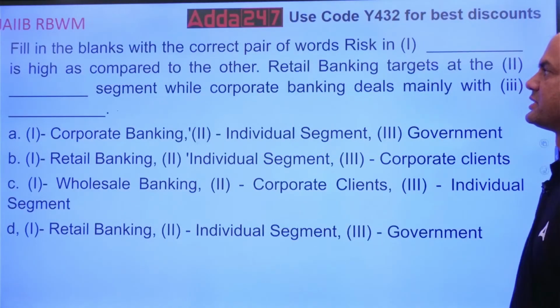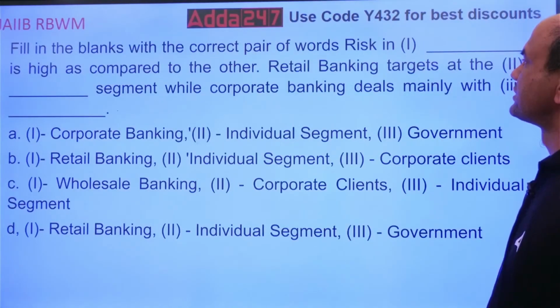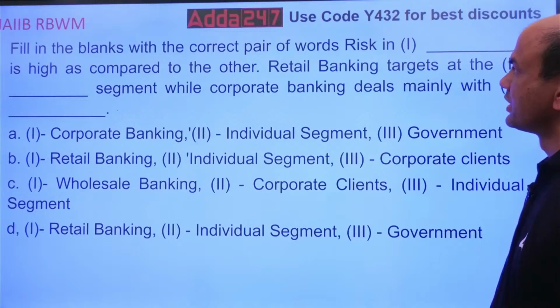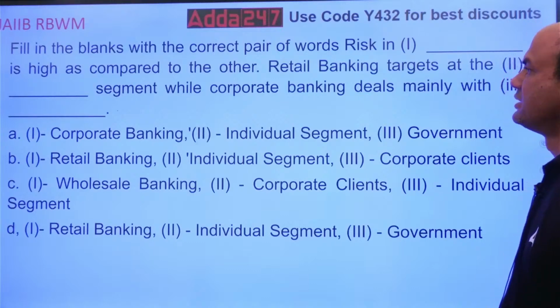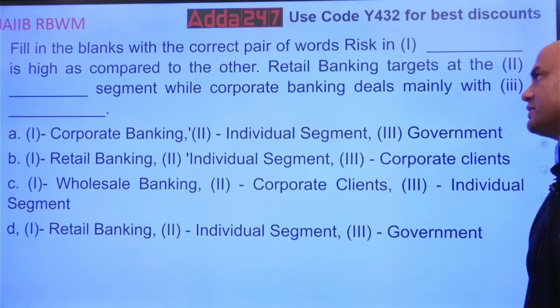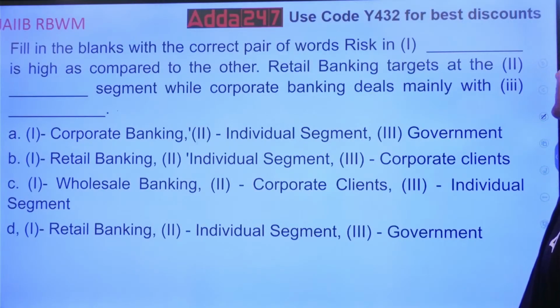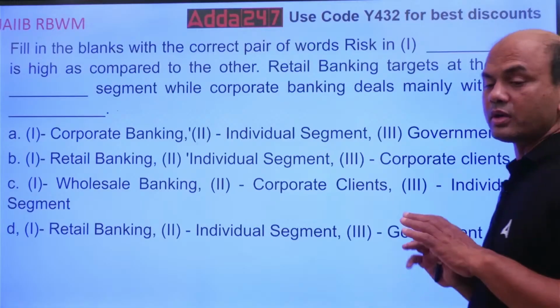Fill in the blanks with the correct pair of words. Risk in dash is high as compared to others. Retail banking is targeted at the dash segment, while corporate banking deals mainly with dash. You have to fill all the three blanks.